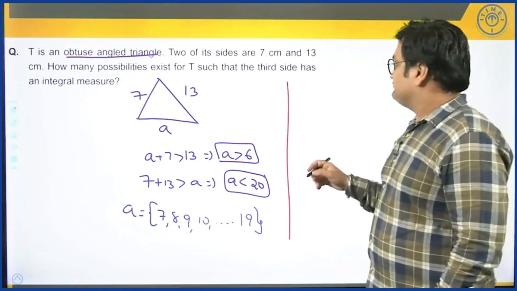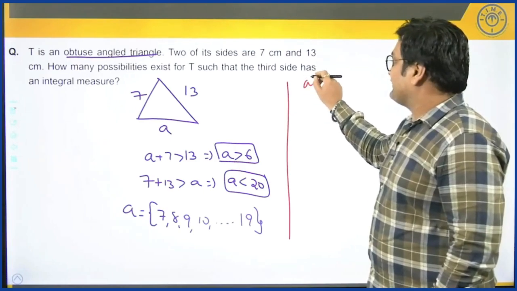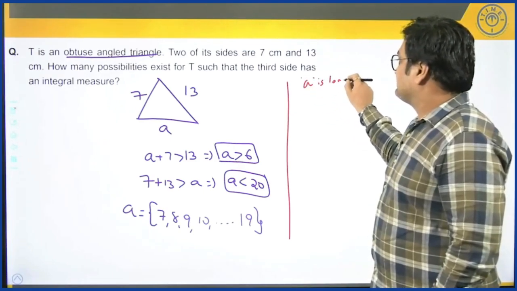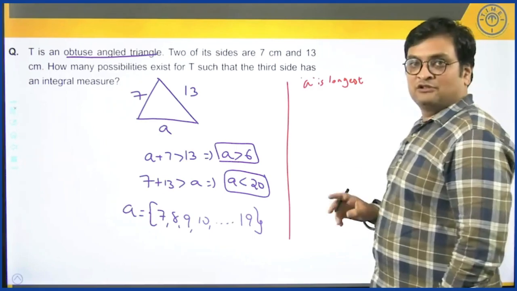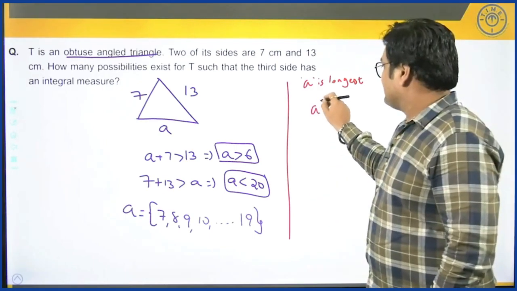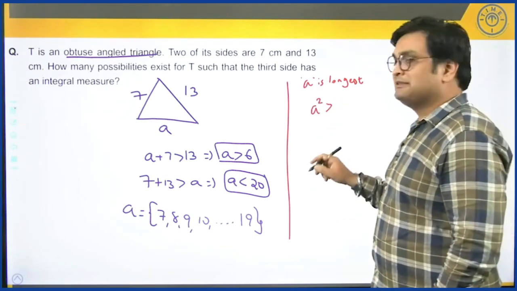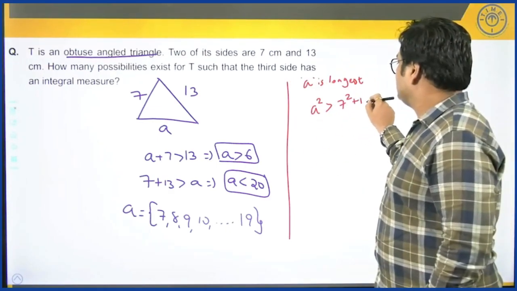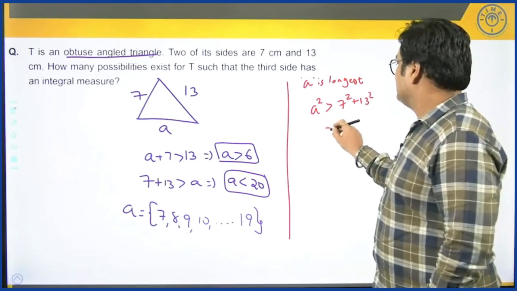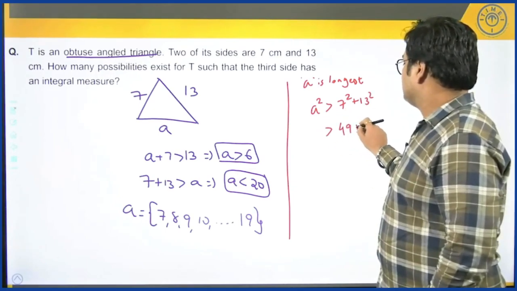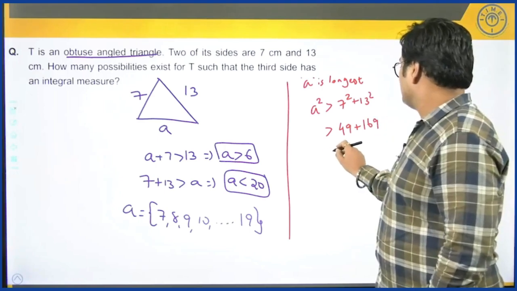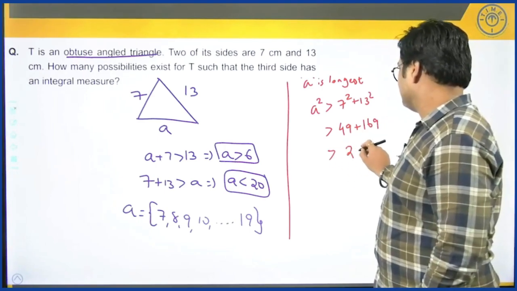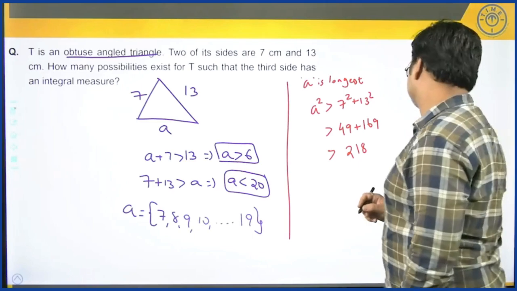So if A is the longest side, what should happen? A square, the longest side square, should be greater than the sum of the squares of the other two sides. So when you simplify, this is 49, this is 169, this is going to be 218.